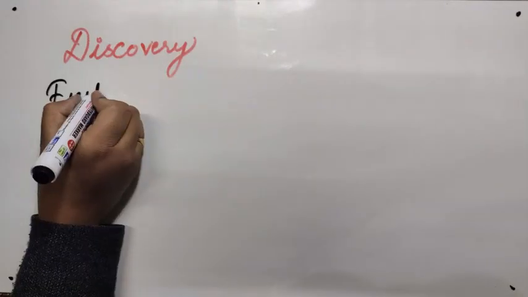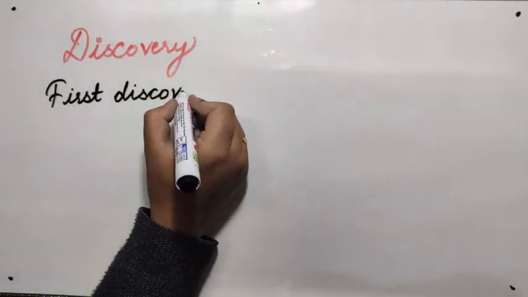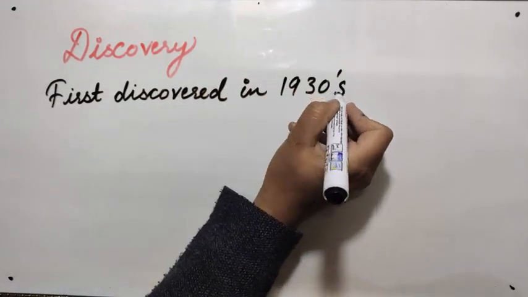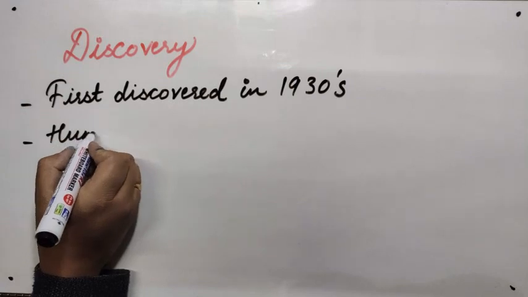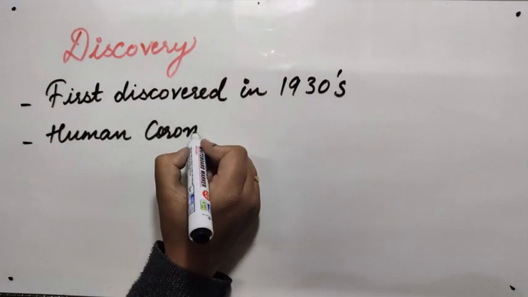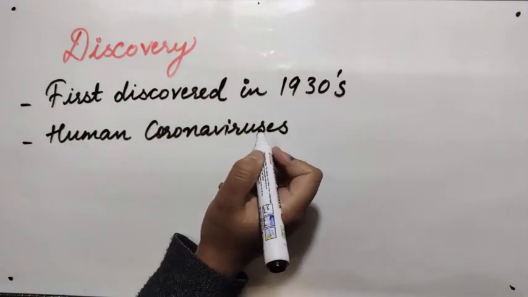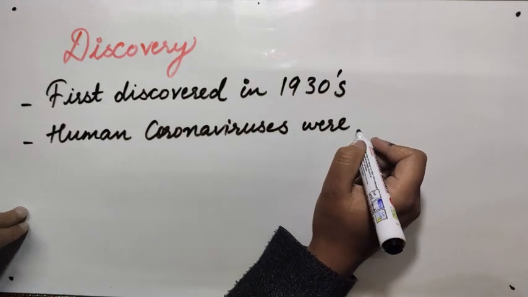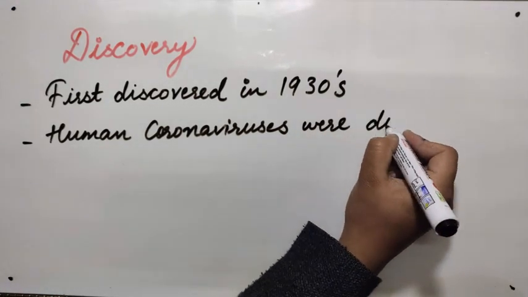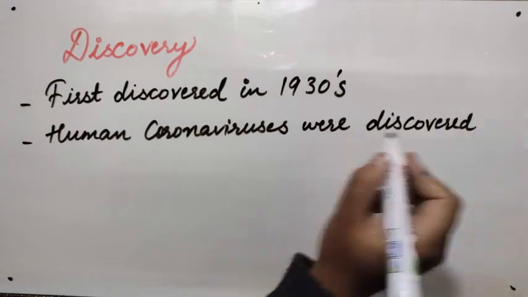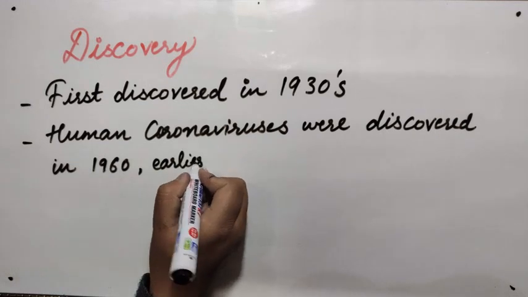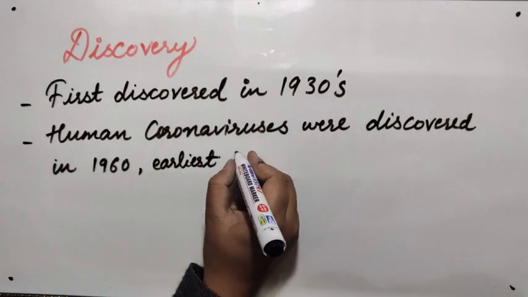Let us study about the discovery of the virus. Coronaviruses were first discovered in 1930s, and the human coronaviruses were discovered in 1960. Earliest cases were from the patients with the common cold.